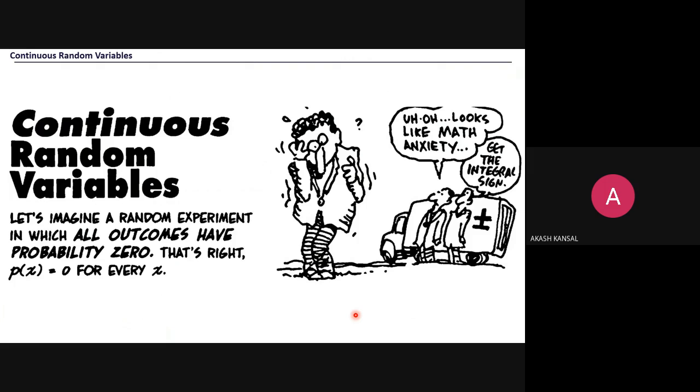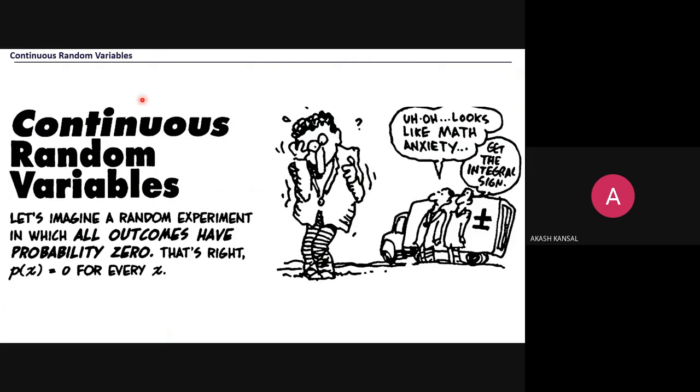And let's say I define my event X as getting a head, right? So my event is getting a head, and all outcomes will have some probability. So basically, for x equal to 0, there will be some probability, x equal to 1, there will be some probability, and so on.